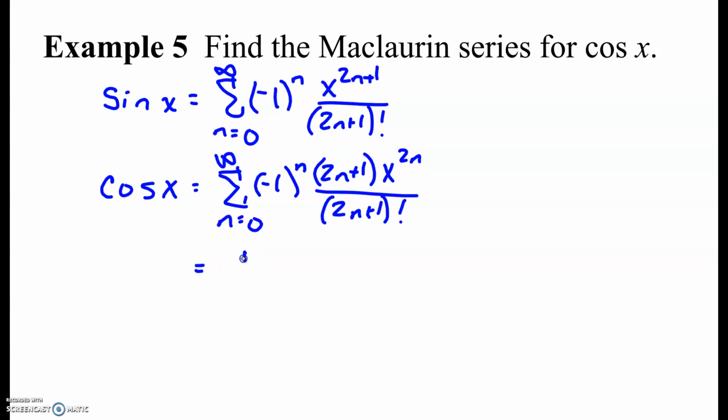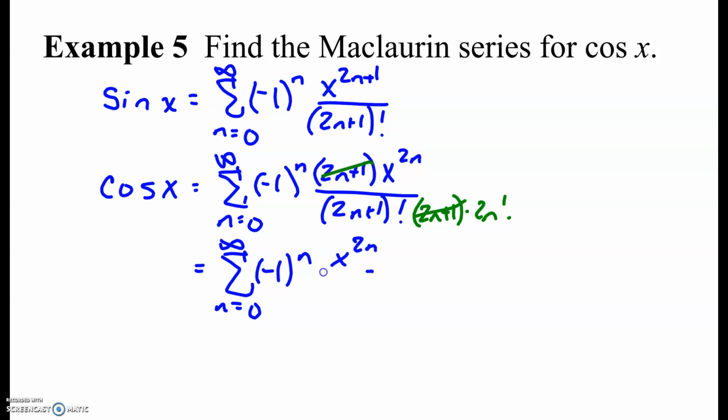Of course, we can simplify this because 2n plus 1 factorial is the same as 2n plus 1 times 2n factorial, and so the 2n plus 1's cancel, which means cosine is x to the 2n over 2n factorial.